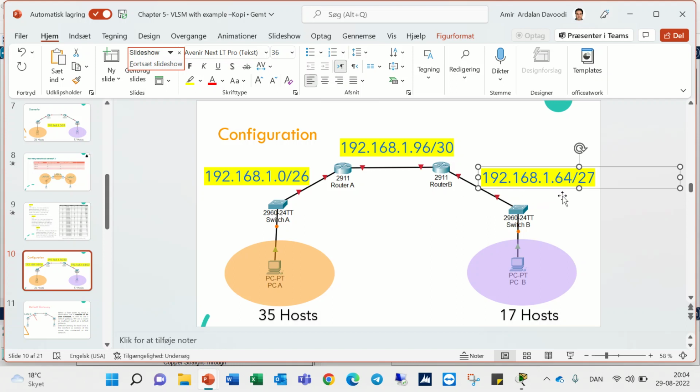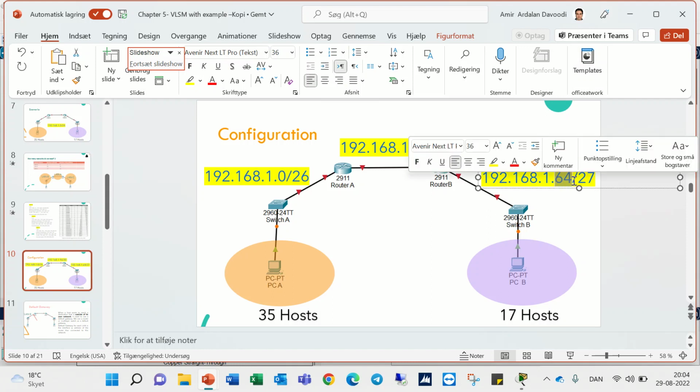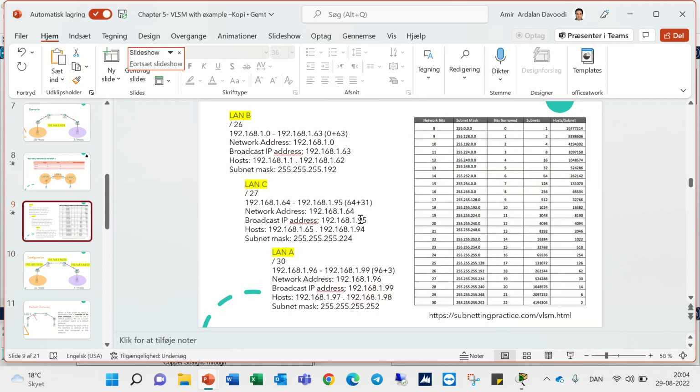I can use 65, 66, 72, and all of them. Only you cannot use 64 or 95. It should be between 65 to 94. But the first one is okay for me.